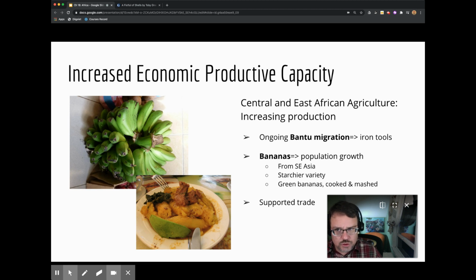And that culture, that group of people, as they spread, brought iron tools with them, which made agriculture more productive. So, like in a lot of places over this time period, new tools, metal tools, new foodstuffs are increasing food production, and that leads to more social complexity.